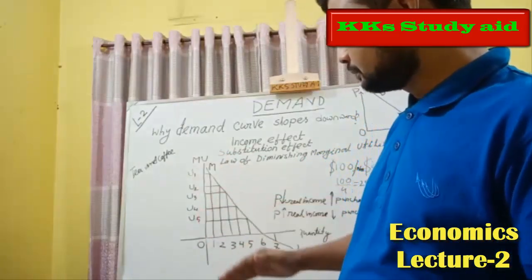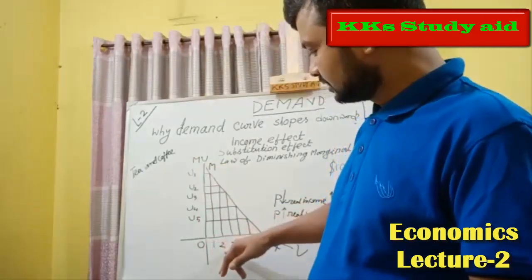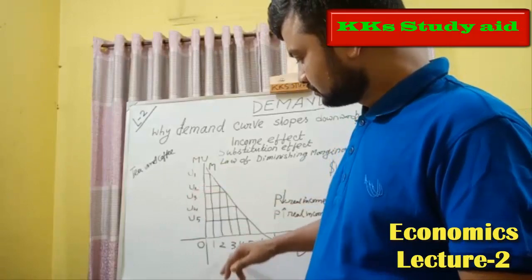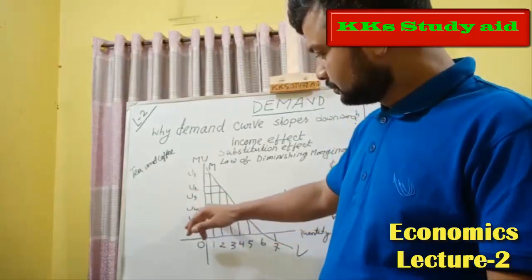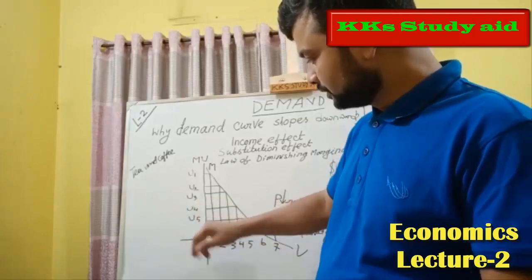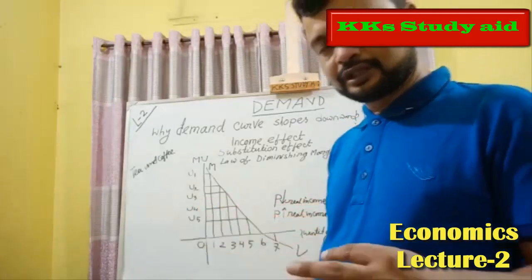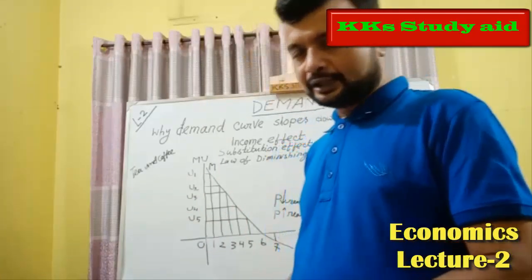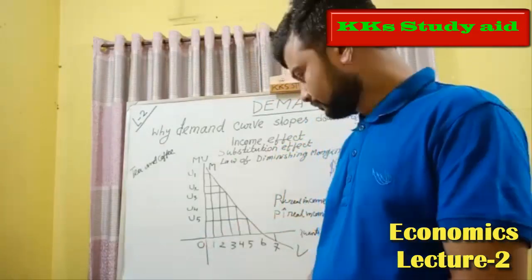That is, you would like to pay U1 for the first cup, for the second cup your price will be U2, for the third cup your price will be U3, for the fourth cup it will be U4, for the fifth cup it will be U5, for the sixth cup there will be no price. That is, if you were given it free, then you will take this sixth cup of coffee.